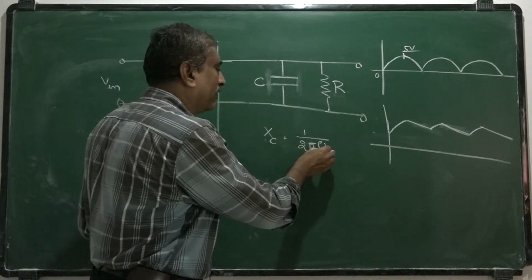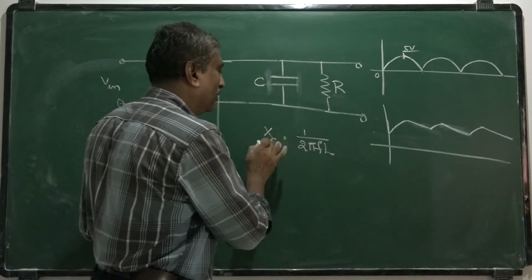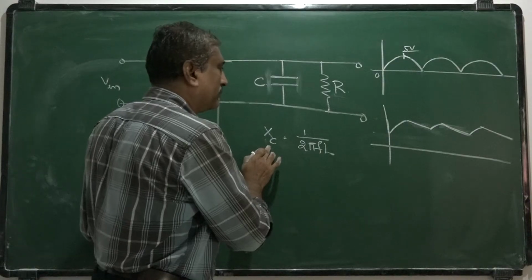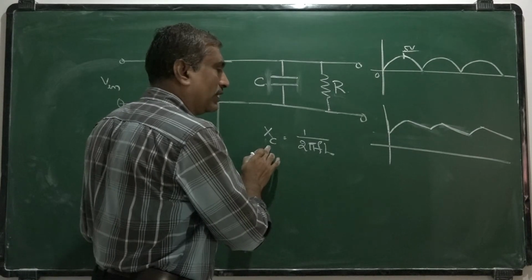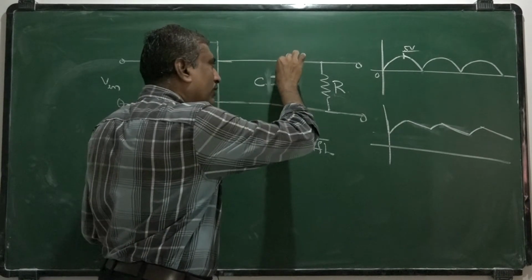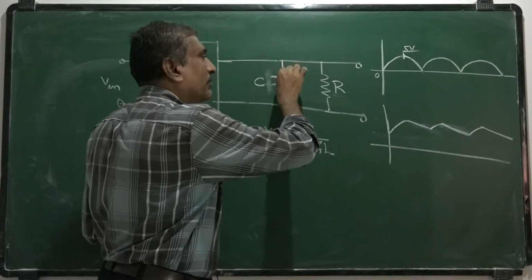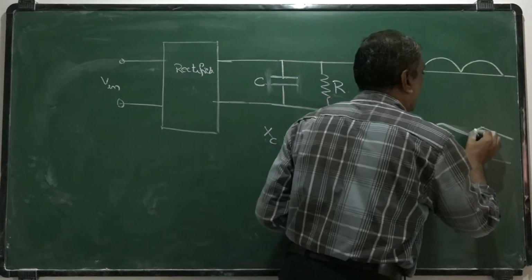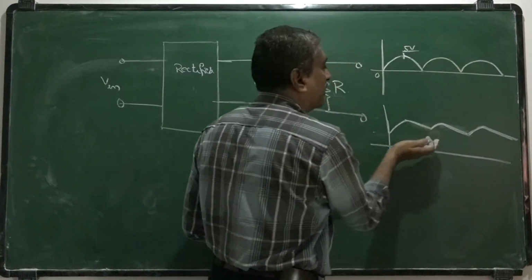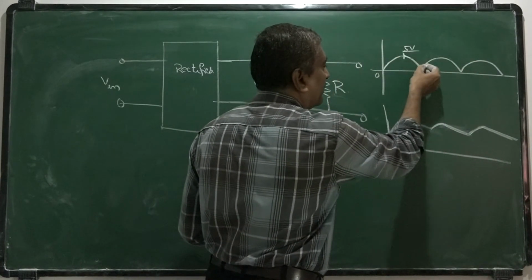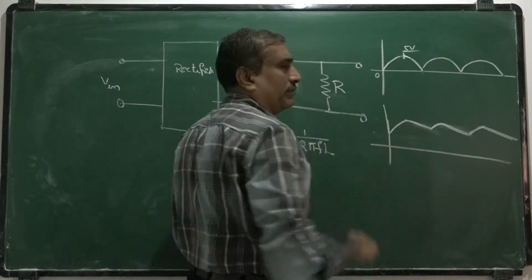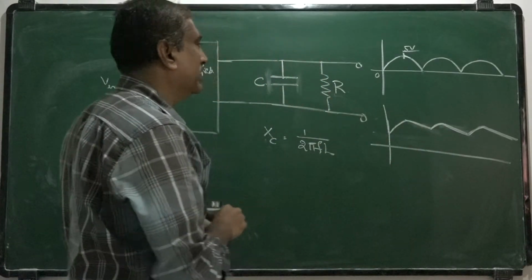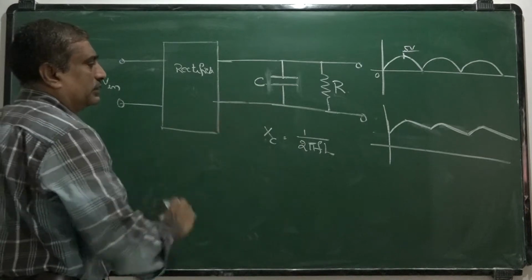So for high frequencies, this capacitive reactance is low. That means, what happens? The alternating current flows through this capacitor, so that the capacitor output is like this. That means we have reduced the variations from 5 to 0 to another value like this. Okay. In this way, this capacitor filter works.